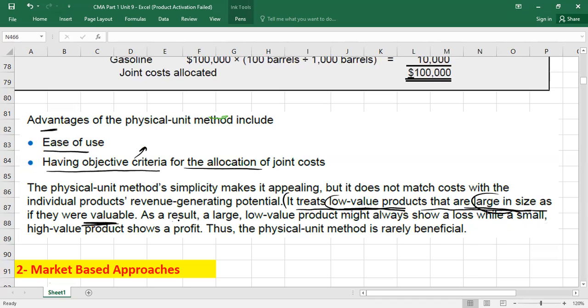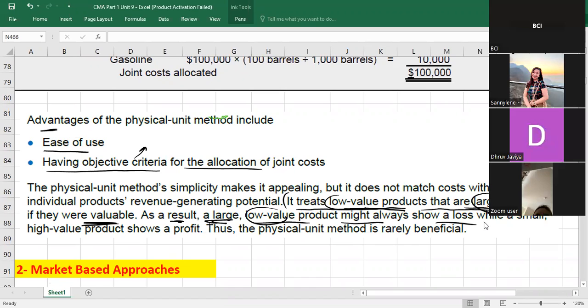So what will happen as a result? A large low value product, where the value is low but quantity is large, might always show a loss. You are allocating a bigger portion of the cost, but obviously you cannot sell at a higher value. You have to sell at a lower value, so ultimately this product will be in loss.